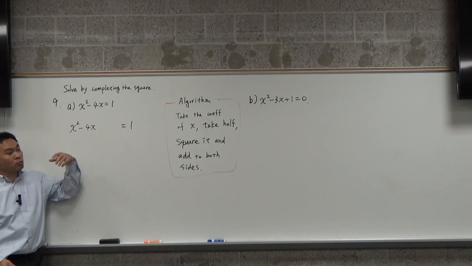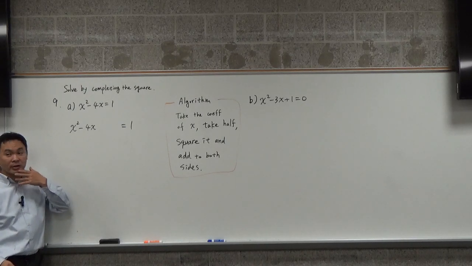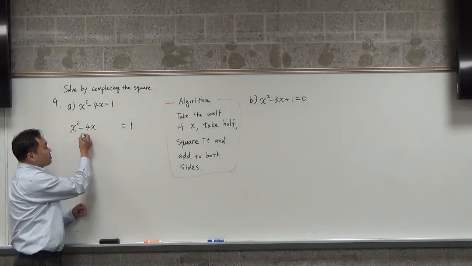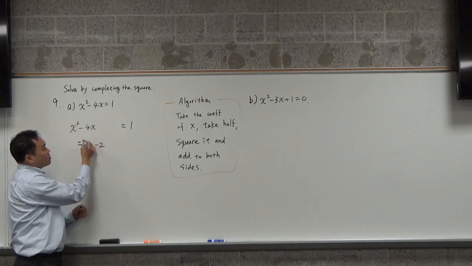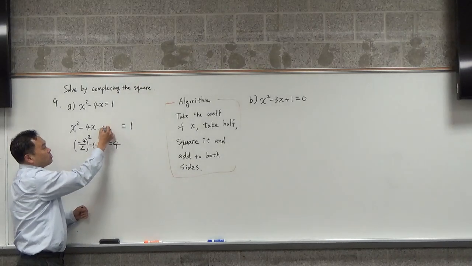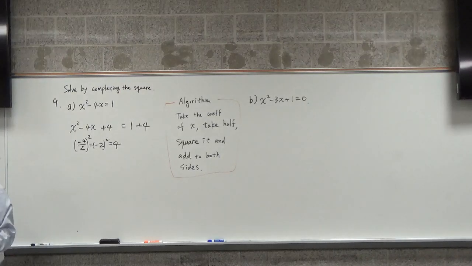So you get -2, square -2, what do you get? +4, right? So because you have -4 divided by 2, which gives you -2, and then you square this, you get +4. Now you know that +4 should be what's added to both sides.